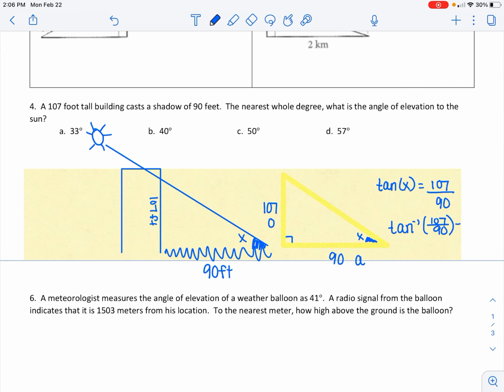So if I get 49.9, I want to know what that is to the nearest degree and which one that's going to be as far as my A, B, or C. So if I round that to the nearest degree, it is going to be 50, which would be answer C.